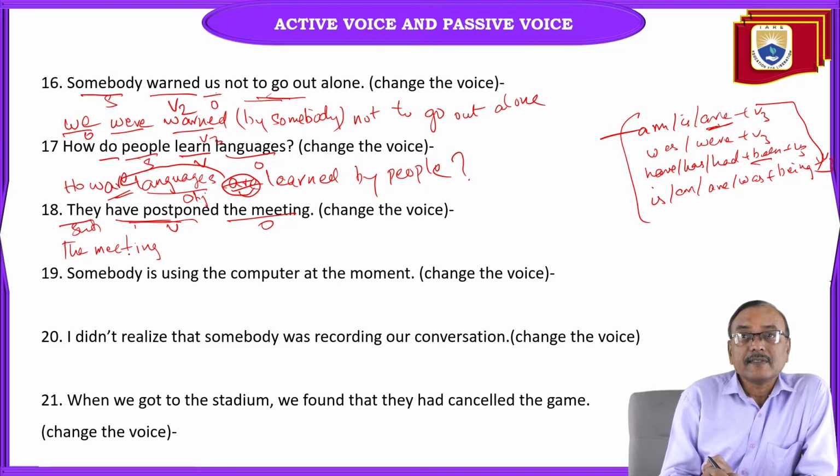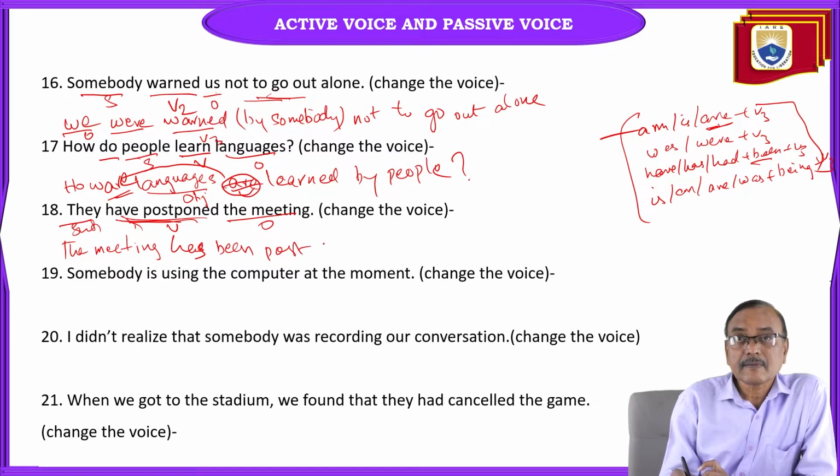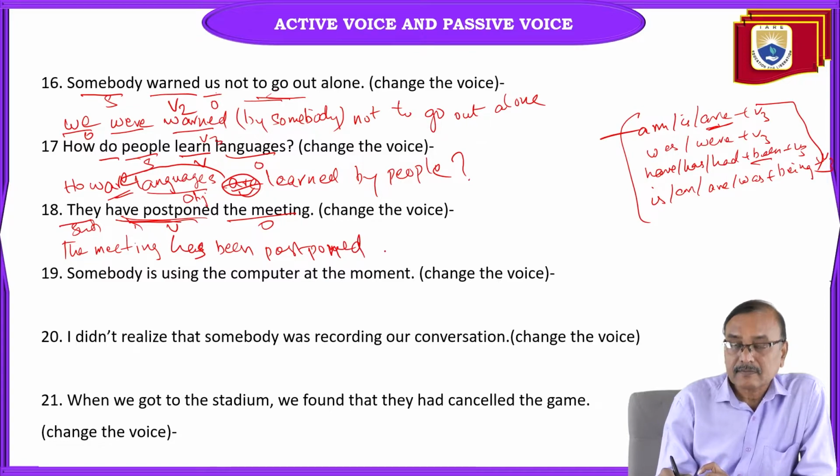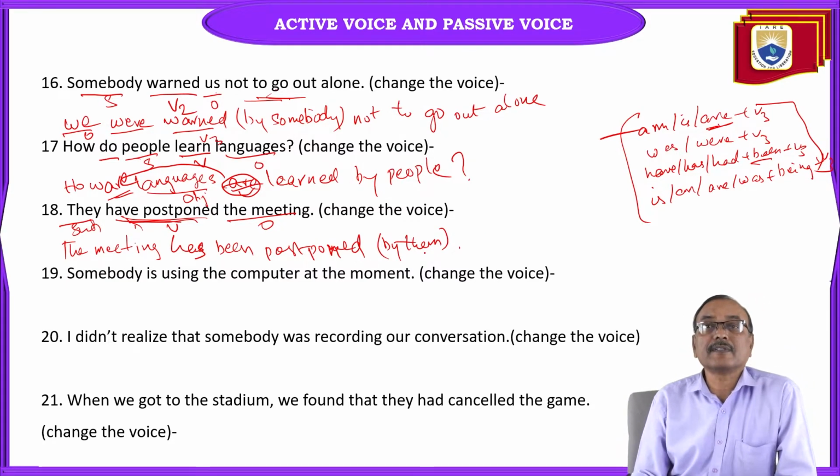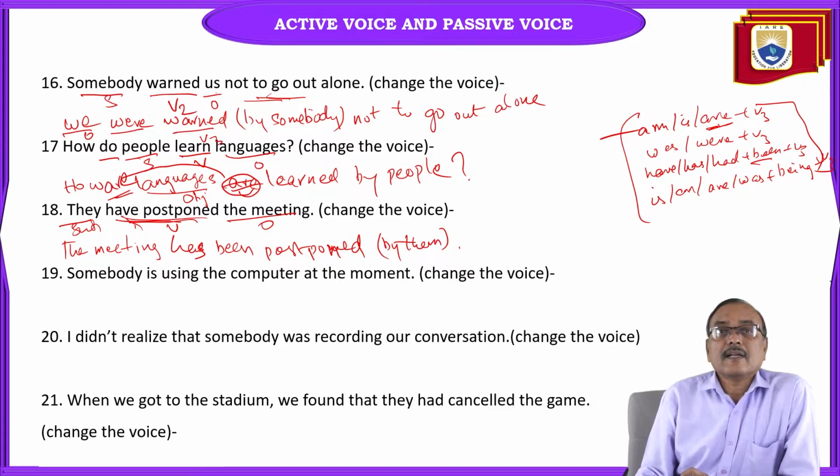Then instead of have, keep has. Perfect tense, so the passive helping verb will be been. The meeting has been postponed. By them is not necessary. The meeting has been postponed. That's it.